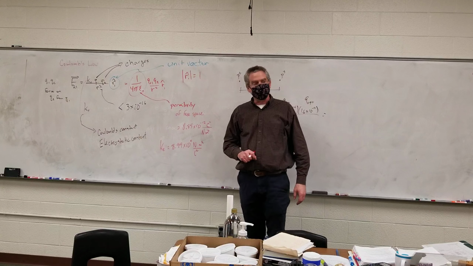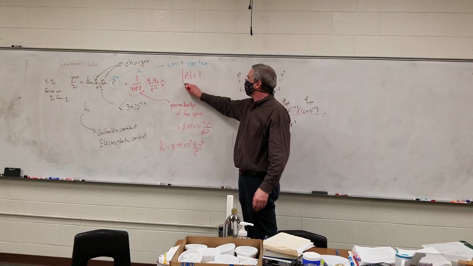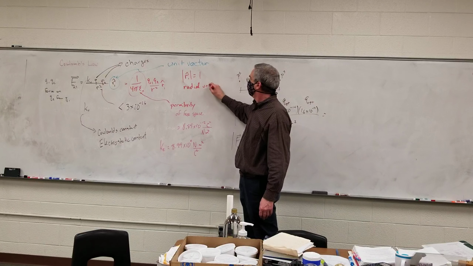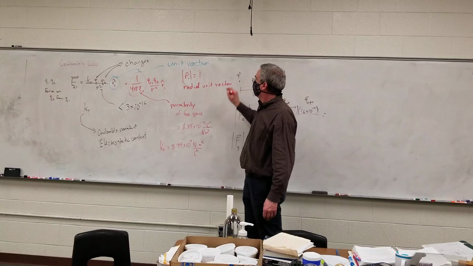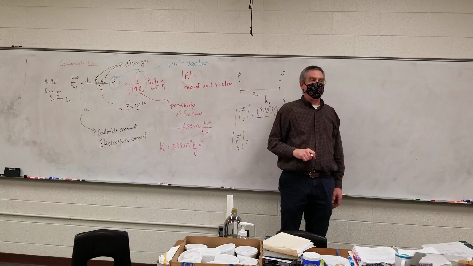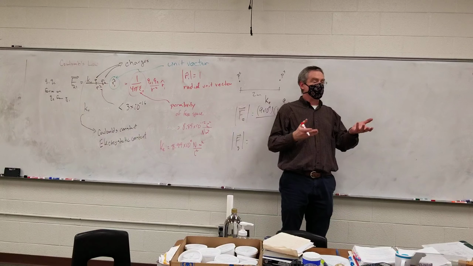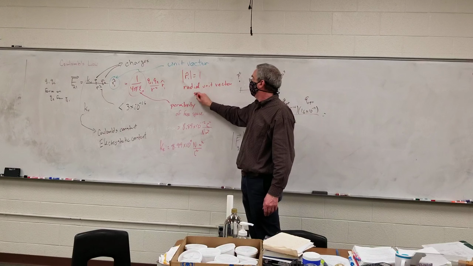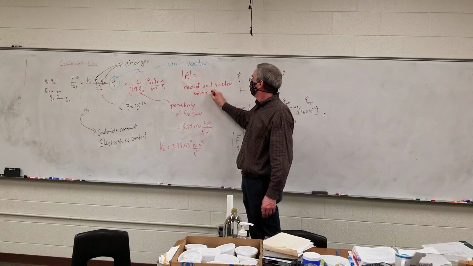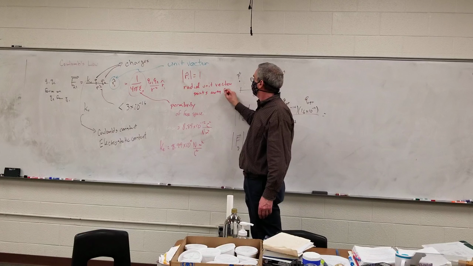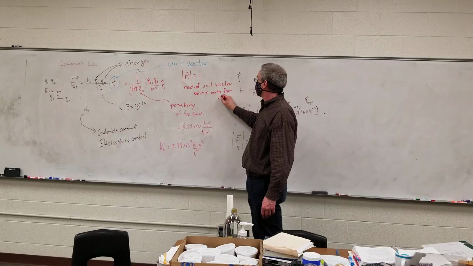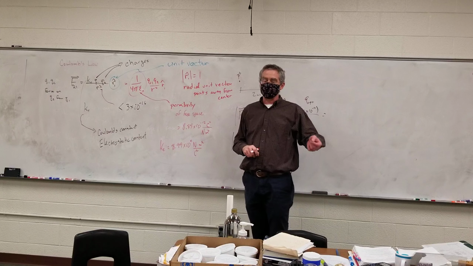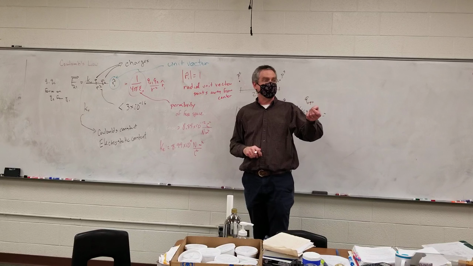For R hat, we're dealing with a radial unit vector. A radial unit vector points away from the center, whatever you define the center to be. So I hat, J hat, you get to decide which direction those are pointing in, but for a radial vector, the only decision you have is what your reference point is.